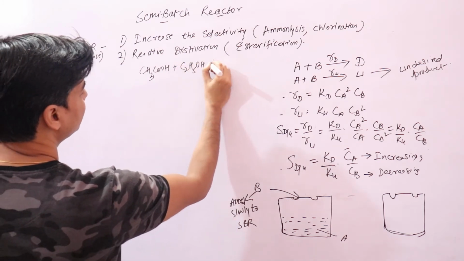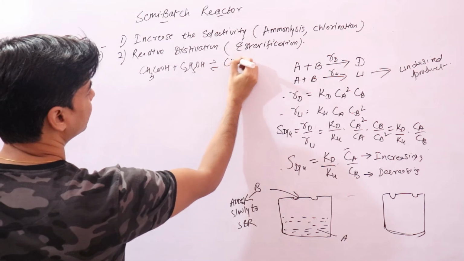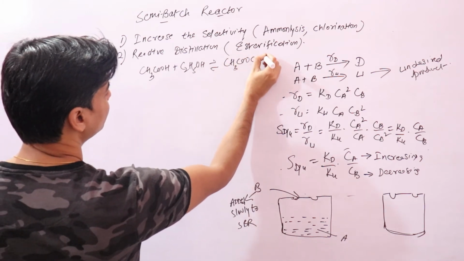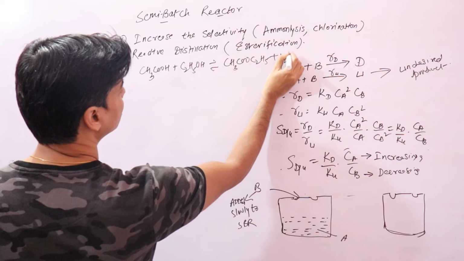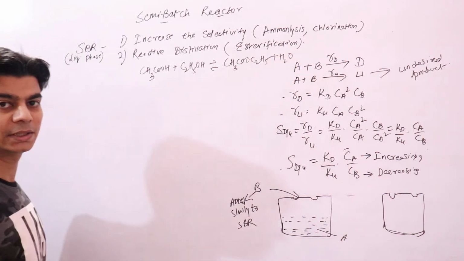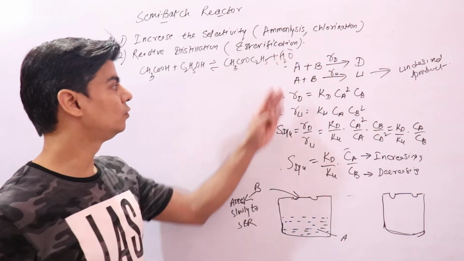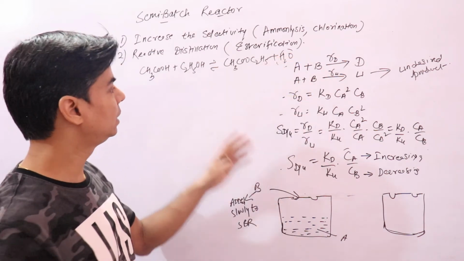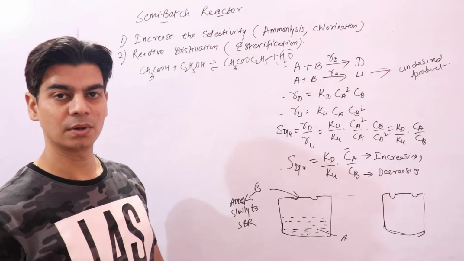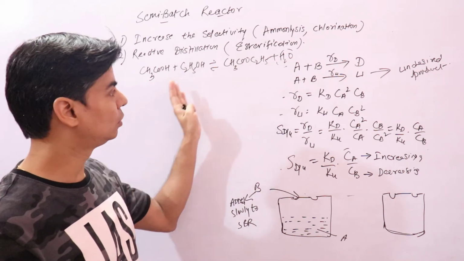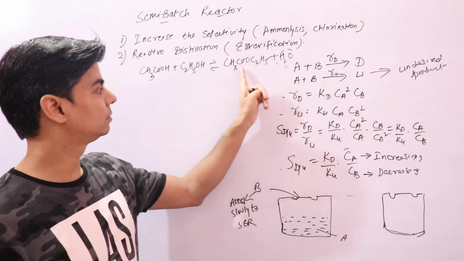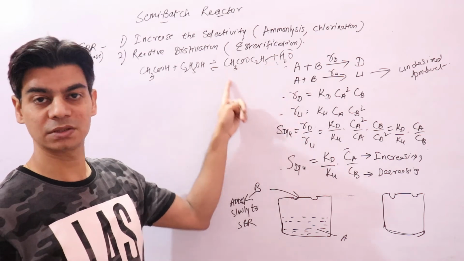This is a reversible reaction that gives you CH3COOC2H5 plus water. Now this is a reversible reaction where, if you remove water from this reaction, it will help the reaction go towards the product side. It will increase the concentration of this product.